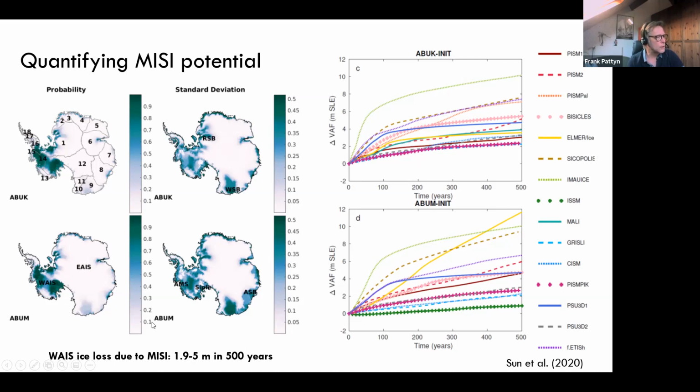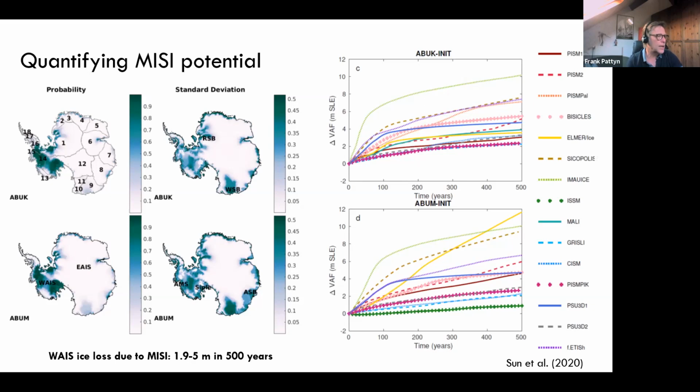But in total, this enabled us to revise the figure of what is the mass loss due to marine ice sheet instability. There was an estimate given by Bamber et al. several years ago by looking at, where if we put the grounding line at the stable bed slope, how much ice do we lose?